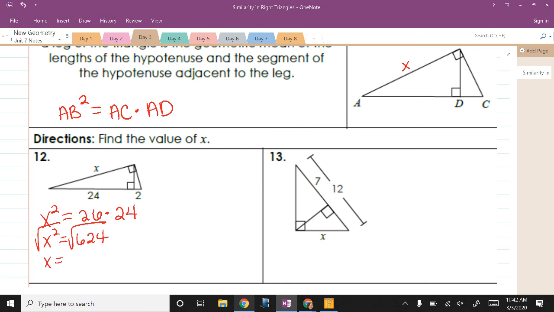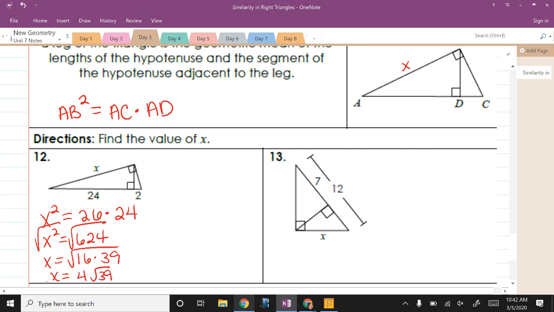Let me do 16. If you do 16, 39 goes into it. And there's no perfect squares that go into 39, right? Because it's 3 times 13. Those are both prime. So that actually works. 624 is 16 times 39. And what's the square root of 16? 4. So that is 4 radical 39.